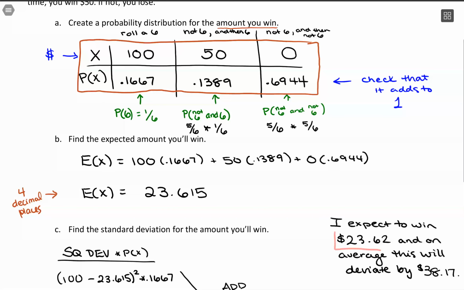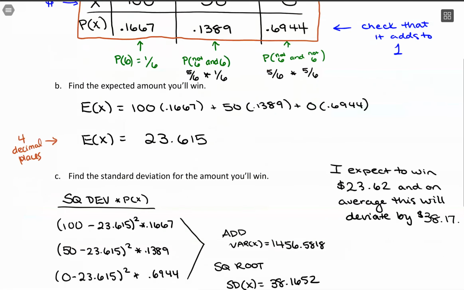And so it would average out to this amount of $23.62. So that's the concept of expected value here. It isn't just what is expected in a single game of play. It's like long run, how is this game operating in terms of expected payout or expected winnings?